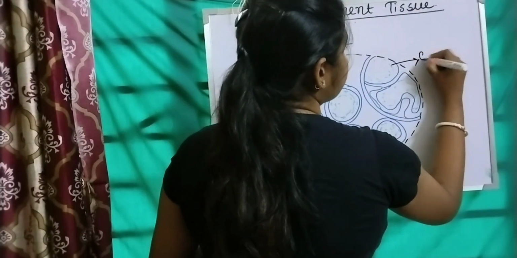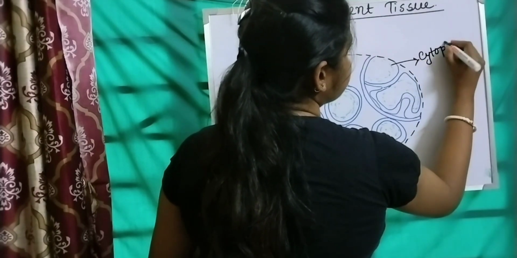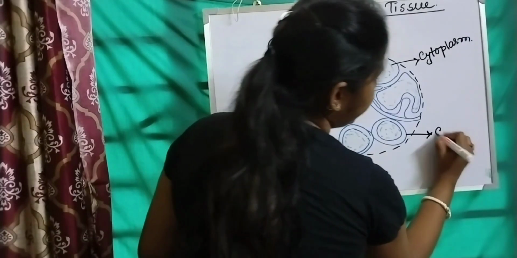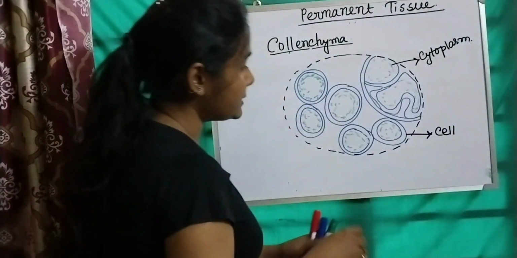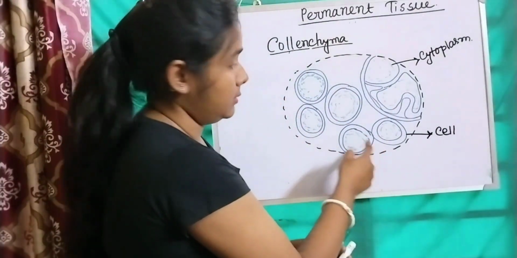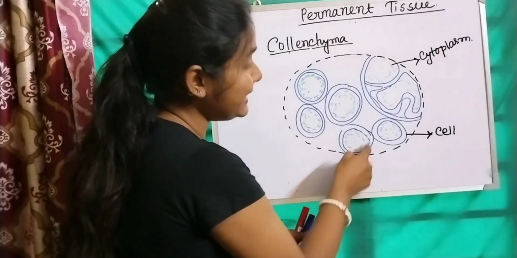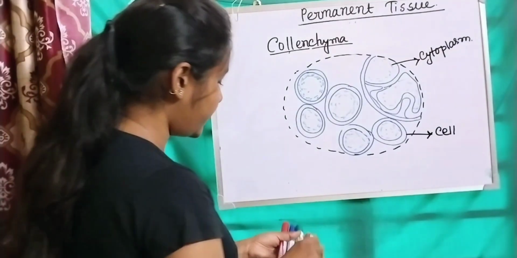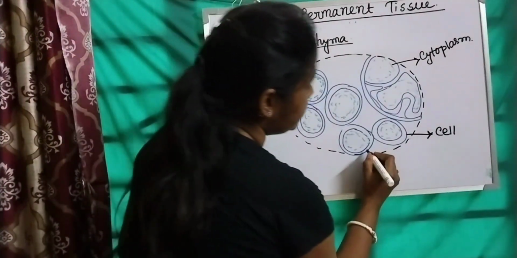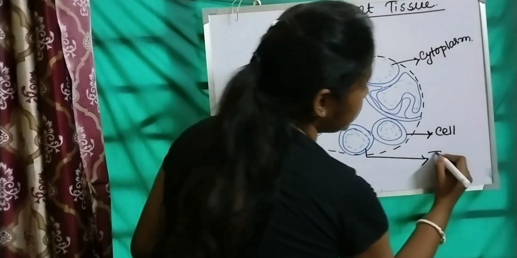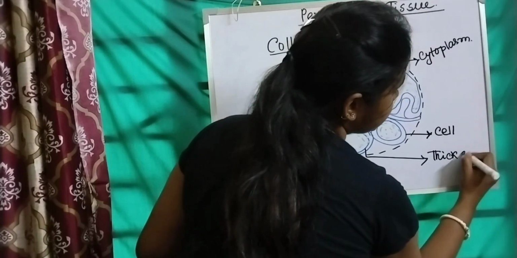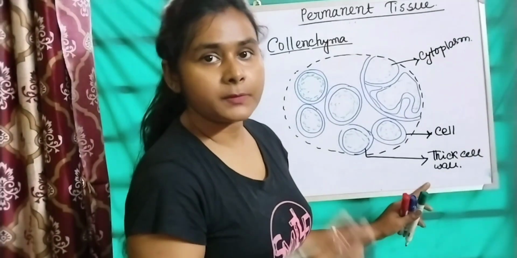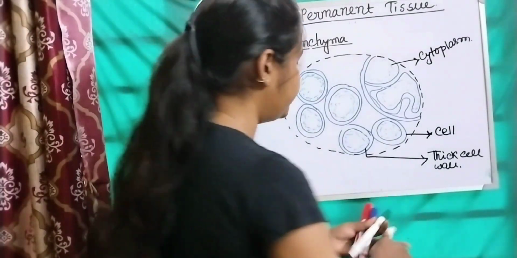So this is cytoplasm. This is a cell. Here you can see the cell wall. Okay, the cell wall in case of collenchyma cells is mostly thick. That's why here you can mark it. Thick cell wall is present. This thick cell wall is made up of cellulose, hemicellulose and pectin.